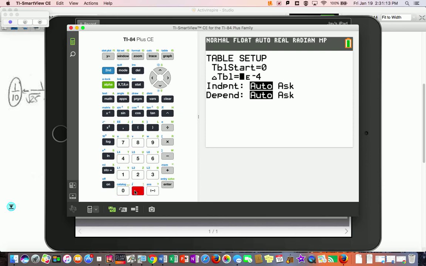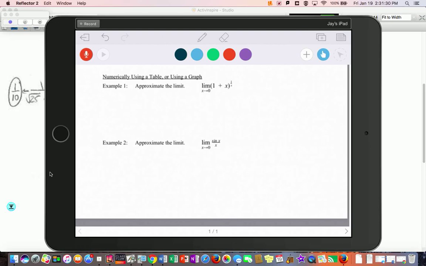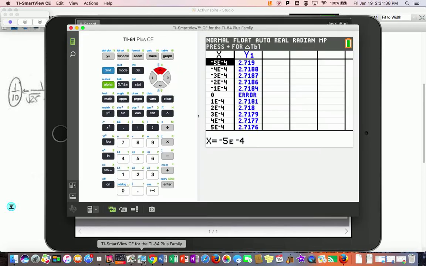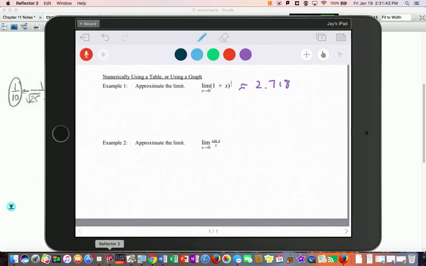And you can go 0.0001 if you want. And now look at the actual table. So you can see the number in the middle, and this number is 2.718 on both sides. So you can write that down. Which is getting close to what we call e, but we still looked at the table.